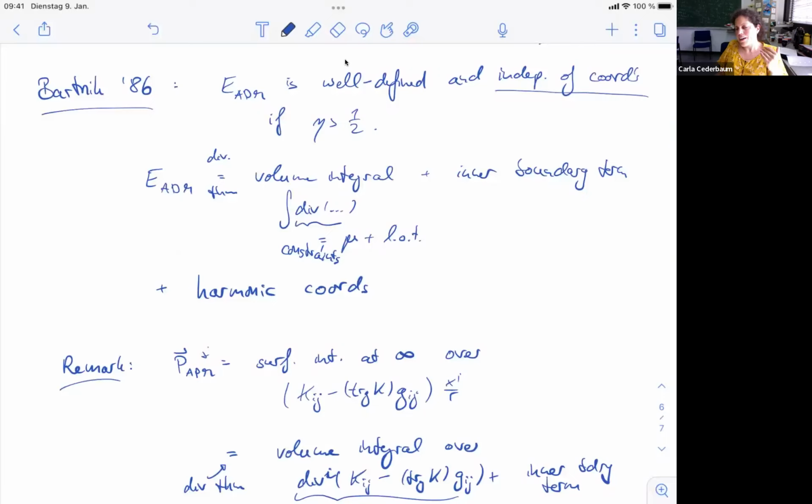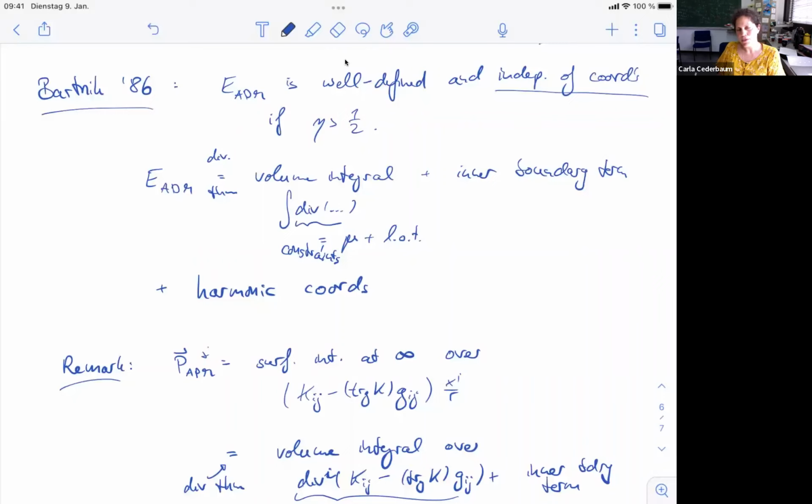All of these things are also indicators that this is a great notion of energy, but many of them would be void if it was coordinate dependent or couldn't be proved. Yeah? Wouldn't be possible to prove, even though actually the Witten and Schoen-Yau proofs of the positive energy theorem and positive mass theorem are older than Bartnik's result. But they used eta equals 1 in the beginning, okay, where things are easier.